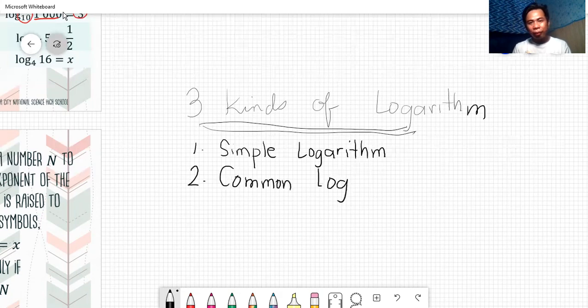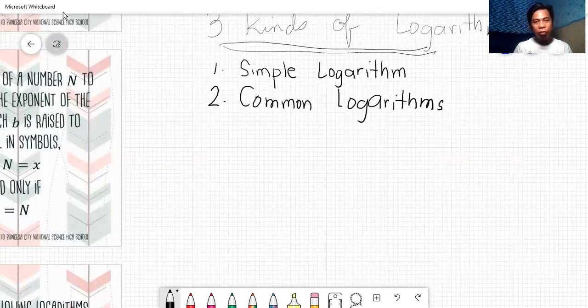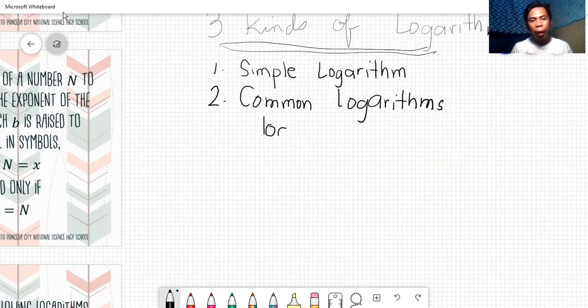Number 2 is the common logarithm. Common logarithms are actually common because these are the numbers that we see in science. And it's not really in the form of a logarithm, but that is one application we have, because common logarithms are in base 10. So if we have logarithm of 9 with a base 10 equal to x, since it's base 10, it is a common logarithm.